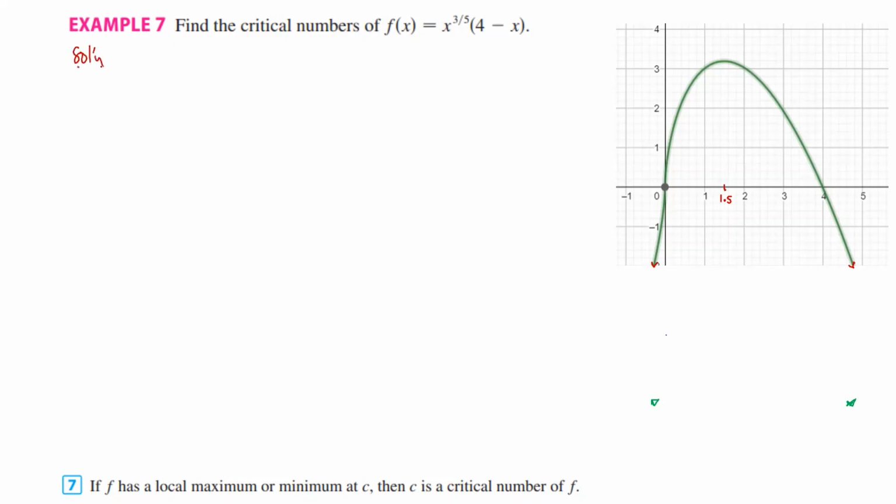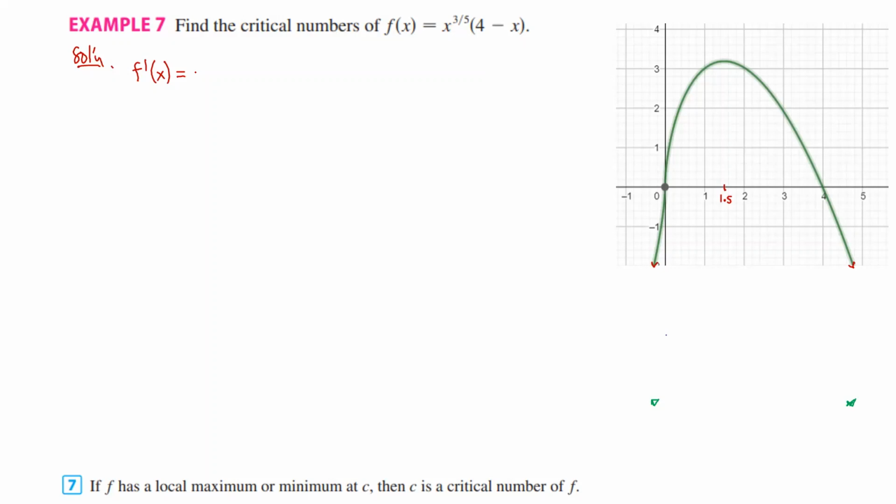So according to the definition for a critical number, we first compute the derivative of the function. And the function is given by x raised to 3 over 5 times 4 minus x. Computing the derivative of this can be done by product rule, or you can also choose to distribute first, multiply this x to the 3/5 to 4 minus x, then proceed to finding the derivative.